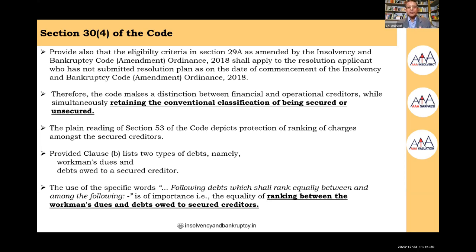Secured or unsecured is definitely there, and the distinction between the financial and operational creditor is also agreed. Now, the following debts shall rank equally amongst the following: equal ranking between the workmen's dues and the debt owed to secured creditors. That is what it means when we say the debts rank equally between and amongst the following.